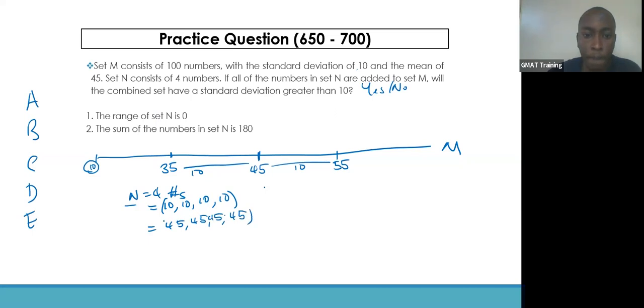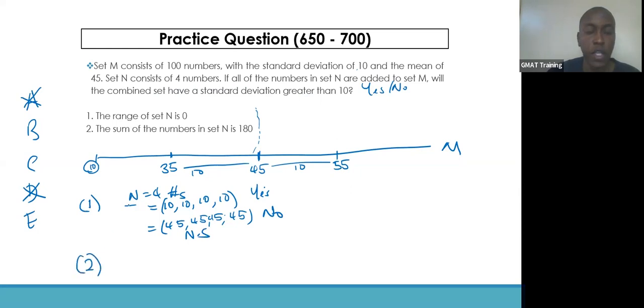We've added 4 values at 45, therefore minimizing the standard deviation greatly. Will the combined set have a standard deviation greater than 10? For this one, no, and for the other one, yes. Therefore, this statement is not sufficient, and A and D are out.